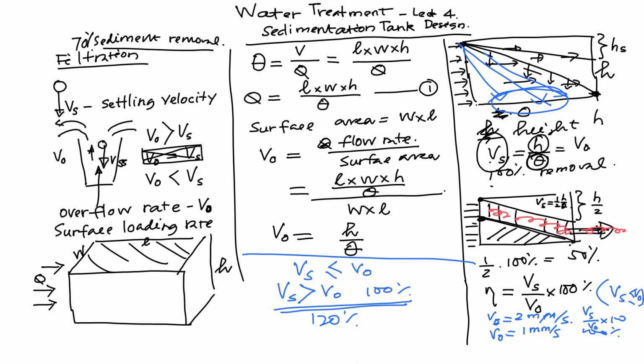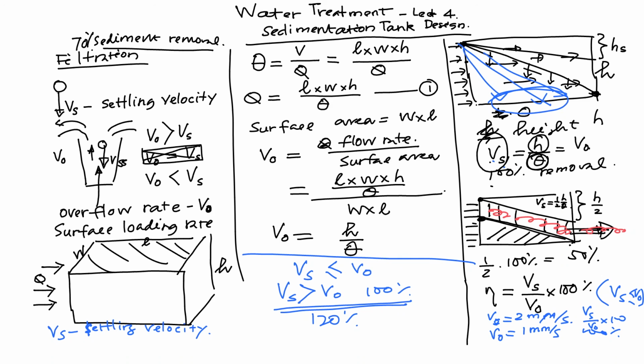So the essential point I wanted to discuss here is that we can determine the removal efficiency in a sedimentation tank from the sedimentation velocity, which is Vs, the particle settling velocity. I think I didn't say that Vs is the particle settling velocity.